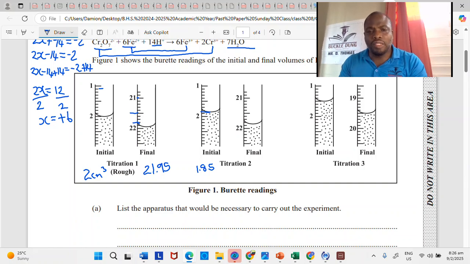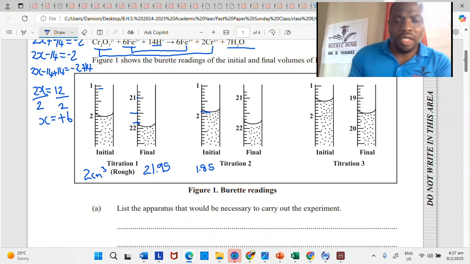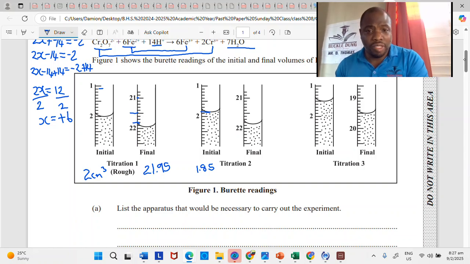Maybe because of the screen, I'm not sure how clearly the diagram is. CXC won't penalize you. If you say 1.9, they're not going to kill you. You're not going to lose a mark, because they take that into consideration. If you say 1.5 now, which is way off, then you're in a problem.